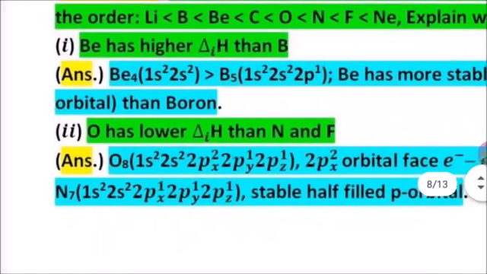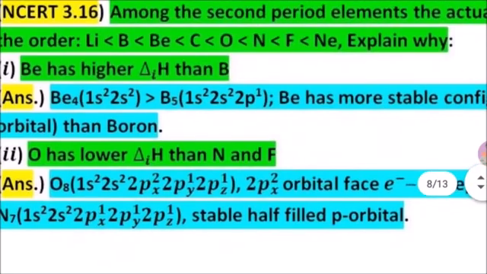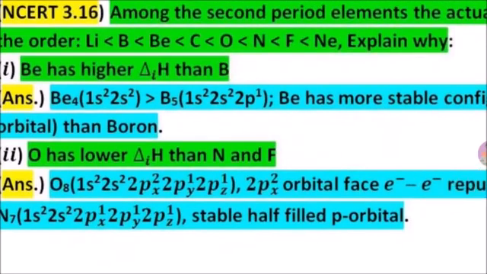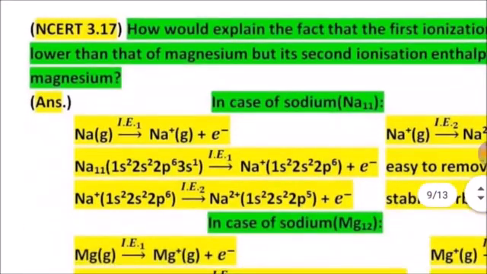So that's the reason that oxygen has lower ionization enthalpy in comparison to nitrogen and fluorine, because oxygen faces electron repulsion. So in this way it has a small ionization enthalpy.